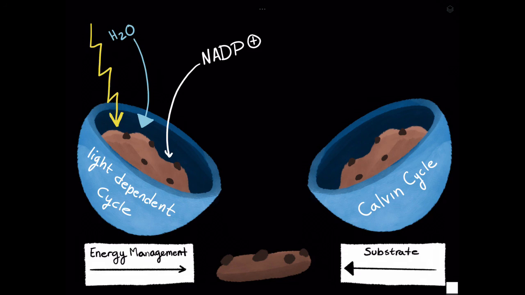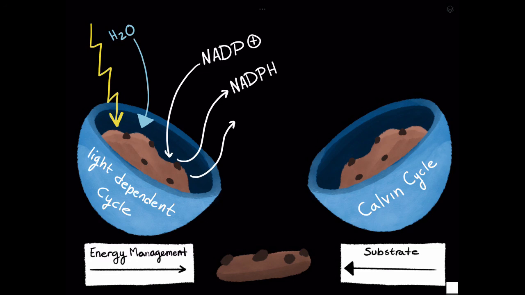In respiration, NADH is used as an electron transporter, but in photosynthesis, it's NADPH. So what the light-dependent cycle is going to do, oh my gosh, I made my own mistake. I drew NADH. Let me fix that. So what the light-dependent cycle is going to do is reduce that NADP to NADPH.